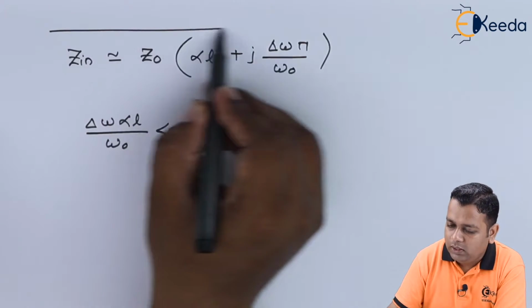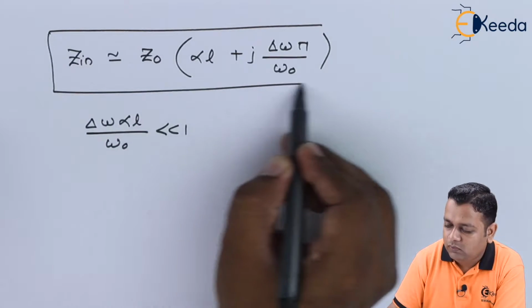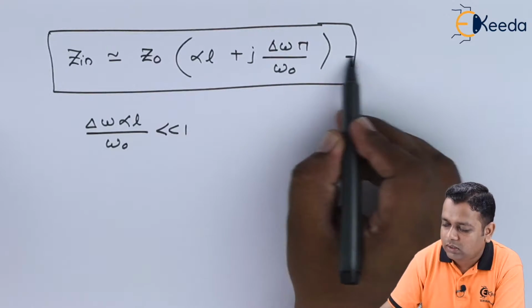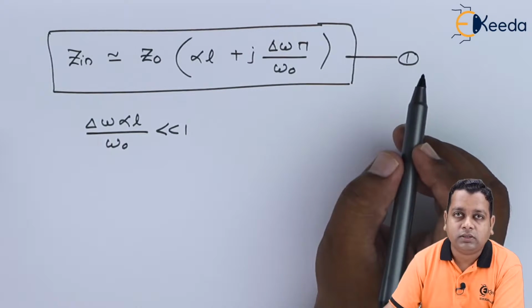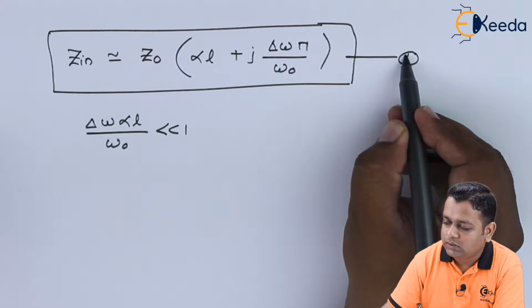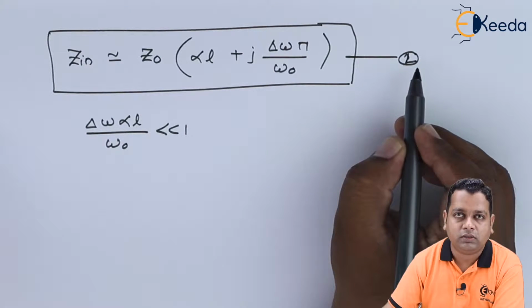So this is the approximation we have for the input impedance Zin for the considered transmission line. This can be equation number 2.